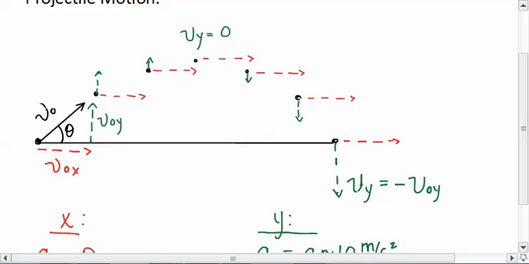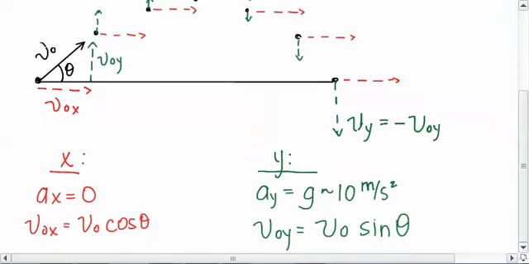Or was it moving in the y direction for more time? Or were they the same? Same. It's moving in the x and y direction at the same time. So time is the only quantity that actually links the x and y directions together. So your time for the x direction and your time for the y direction will be the same.